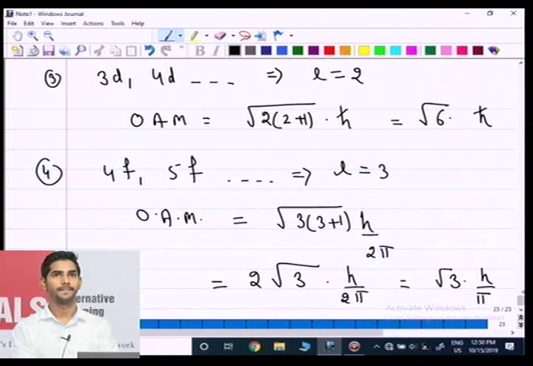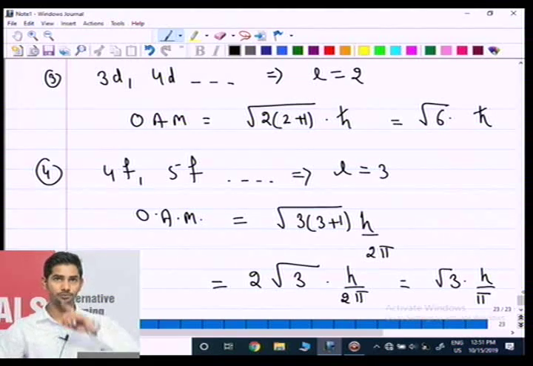Shillong. Any confusion or doubt? Excuse me.